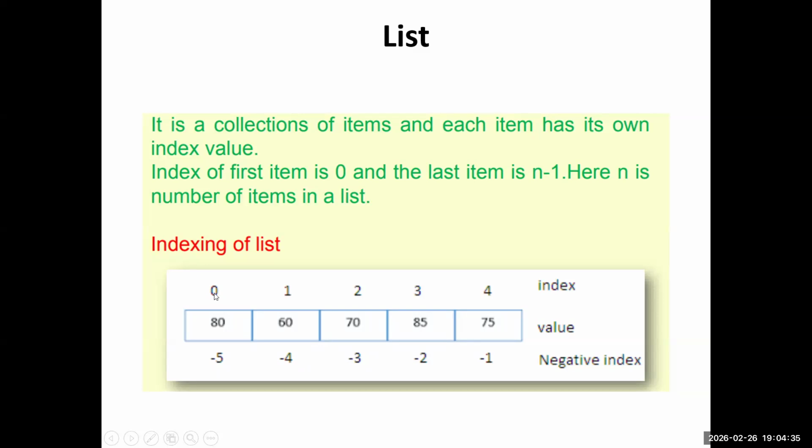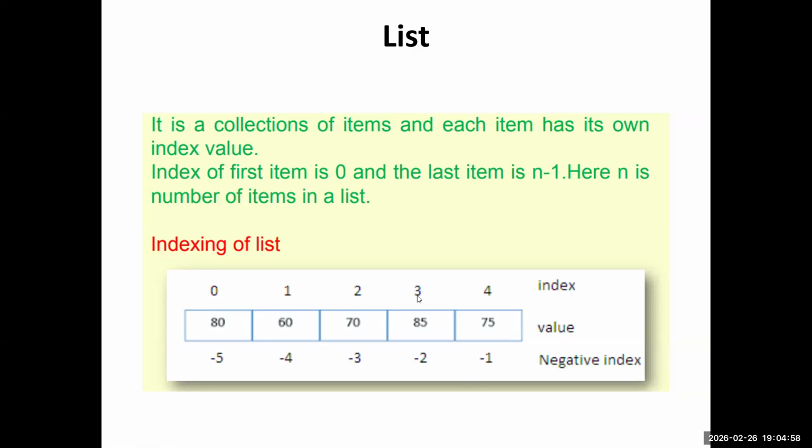So the index location of the first value is 0. So it is called an index. Okay. So 0, then the second value's index is 1, the third value's location is 2.